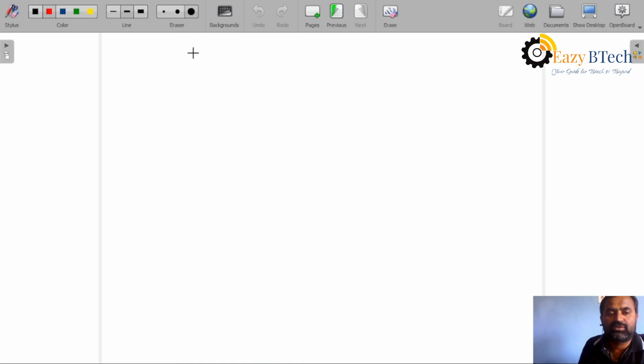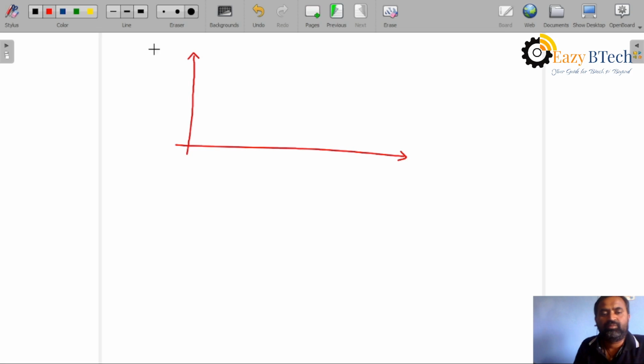And the plot, if you see, this is IB. IB is in microamperes.